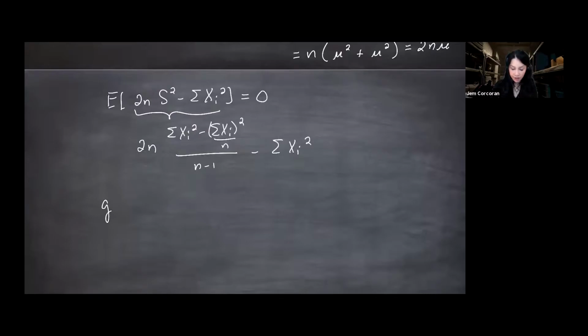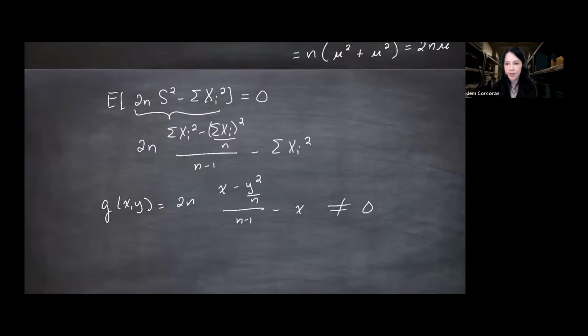So this is like looking at the function g of x, y being 2n times x minus y squared over n, over n minus 1, minus y squared. And that is not the 0 function, even though the expected value when you plug in these statistics gives you 0.